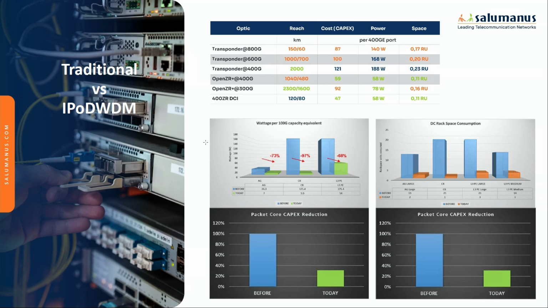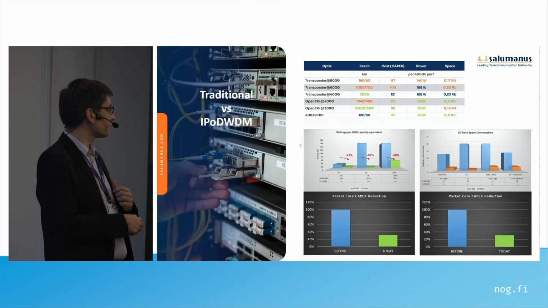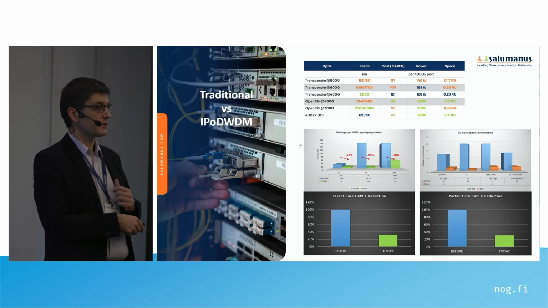We see that with 400G ZR links, we occupy less space, use less energy, and the CapEx cost is also the lowest for 400G speed. The savings are huge. And these are some examples of real network implementations per 100G capacity and per rack space in different parts of the network, because savings can differ for the aggregation network, core network, or long-haul network.